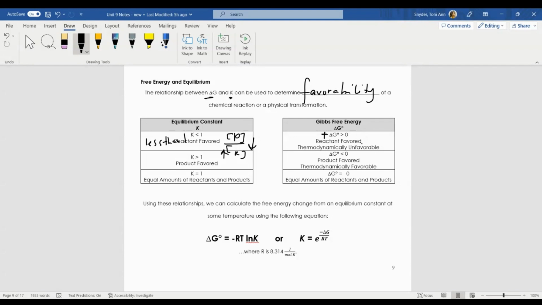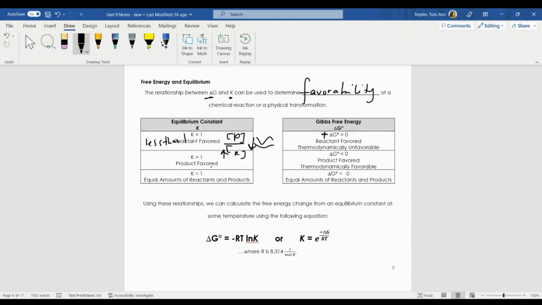It needs more energy than the system already contains. So that type of reaction is thermodynamically unfavorable. So if my equilibrium constant is less than 1, and I have a delta G that is also positive, these relate to one another, okay?